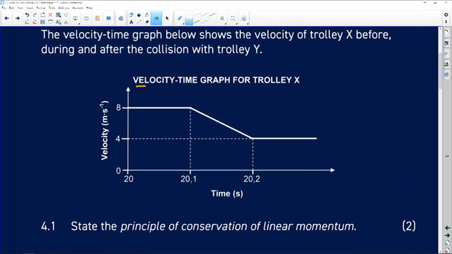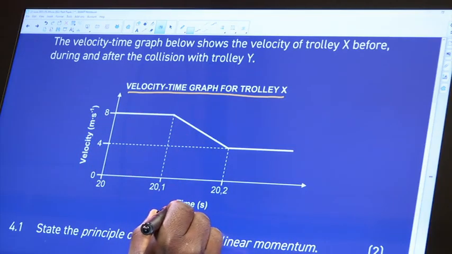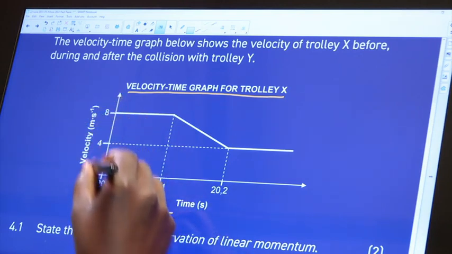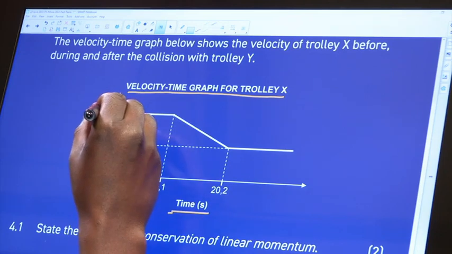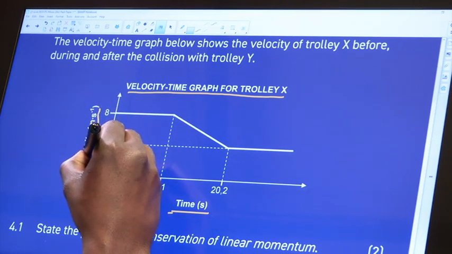Remember that the graph is only for which trolley? For trolley X. On the x-axis we are given time, and on the y-axis we are given velocity.